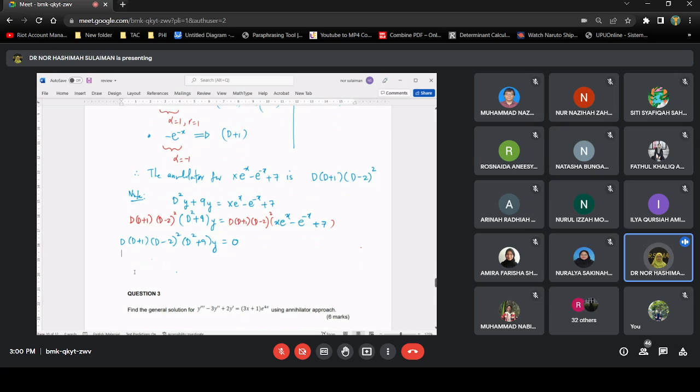Okay, so bila dalam bentuk yang homogeneous yang begini, kita boleh dapatkan characteristic equation. So you boleh tukar kepada k plus 1, k minus 2 squared, k squared plus 9 equal to 0.